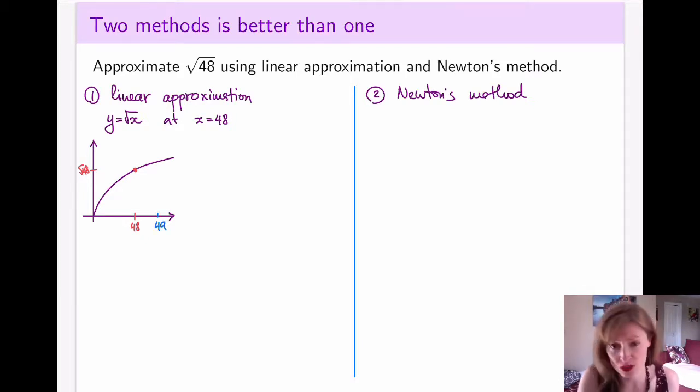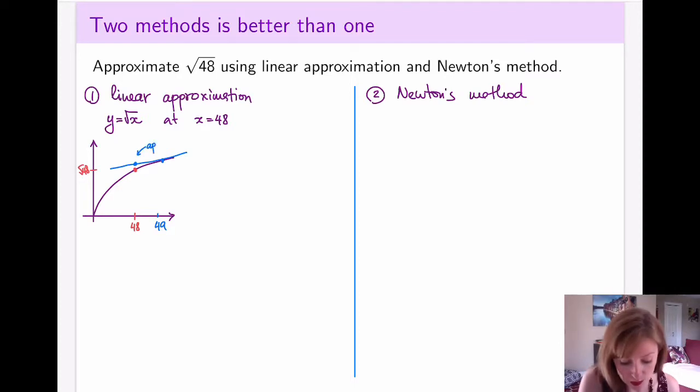Now, I'm not drawing to scale because otherwise it would be way too small. So the method will say at 49, we're going to build ourselves a tangent line and then compute on that tangent line the point that corresponds to 48. And that is going to be our approximation.